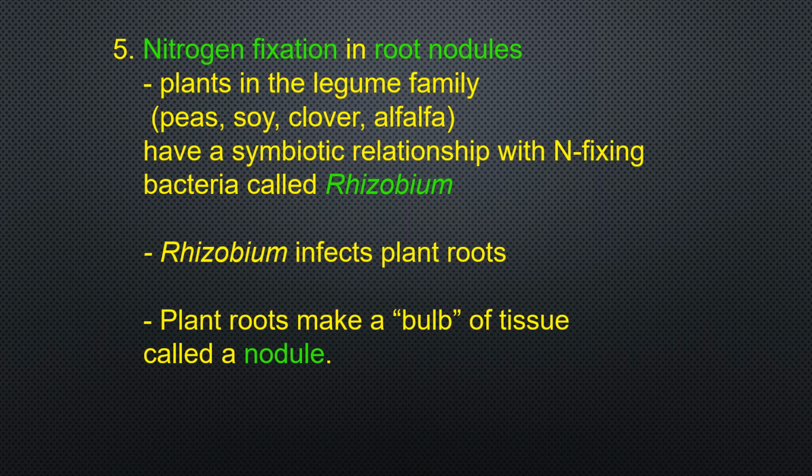And so the symbiotic relationship is that the nitrogen that's within the soil is changed into a usable form for the plants. The bacteria make enough that they can use some of it and they have enough left over for the plants. And then the plants, of course, are providing extra sugar for the bacteria to live with.